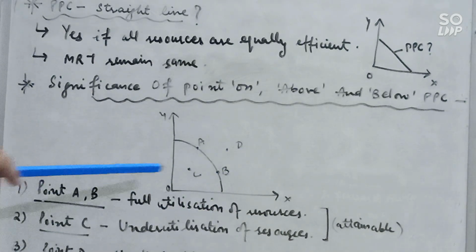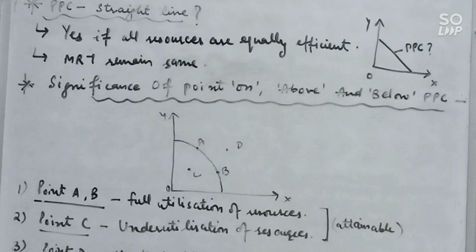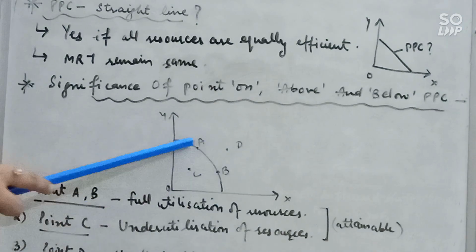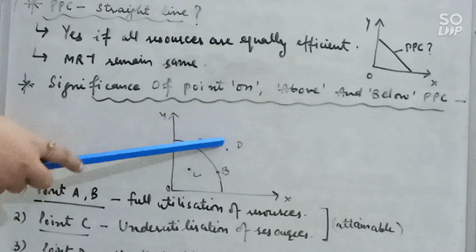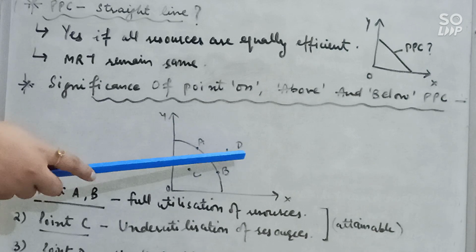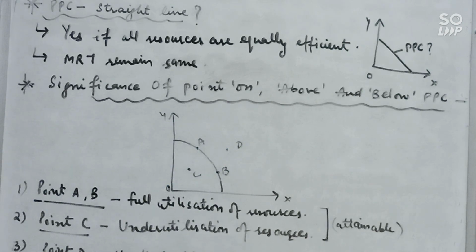And point C is under PPC. It shows that there is underutilization of resources. Resources are not fully utilized at point C. Okay. And what does point D indicate? This much resources we have, so it is not possible to attain point D. So point D is an unattainable point because of lack of resources.